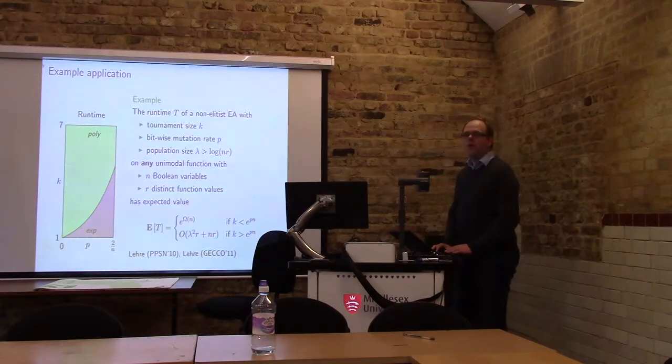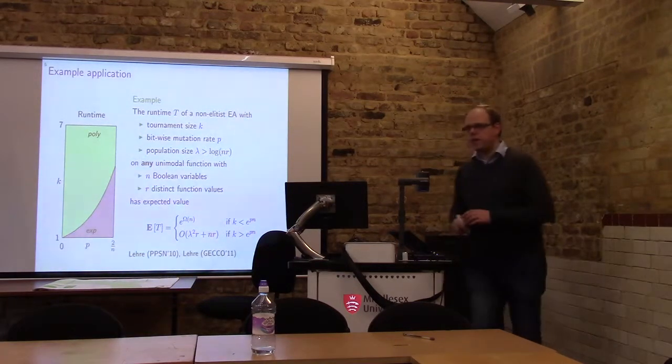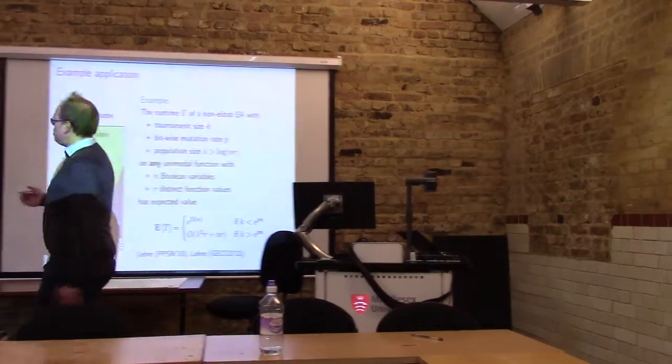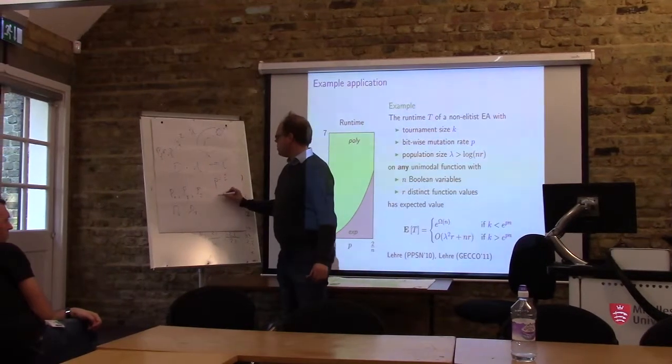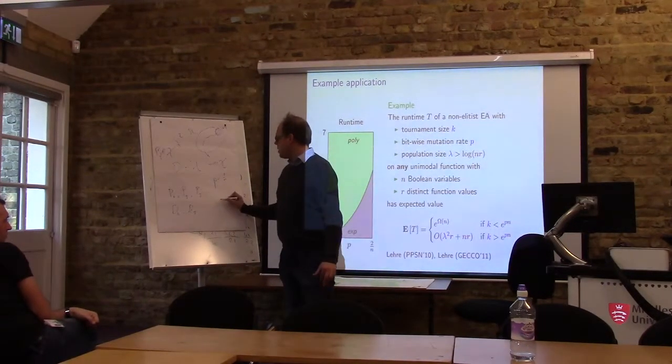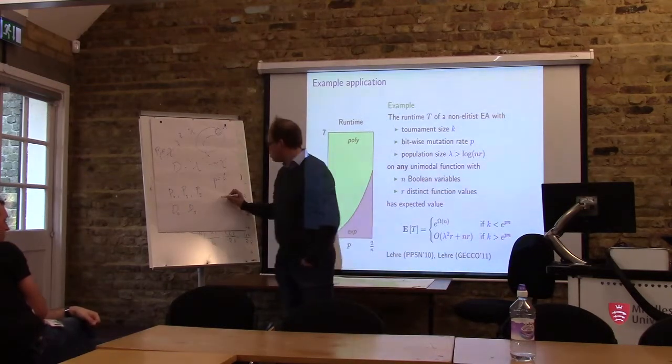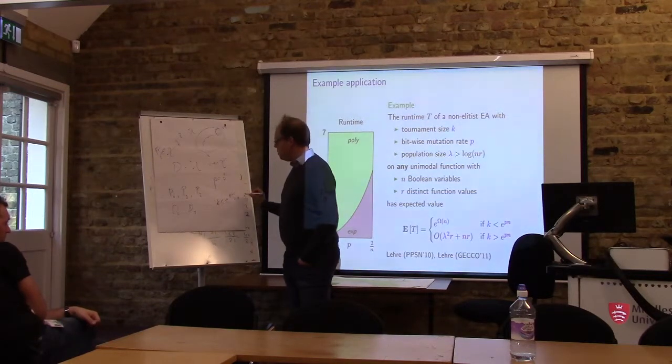Sorry, I just want to unpack that. That seems like a relatively useful thing. So, if your tournament size is 2, and you've got 100 bits, then you're doomed. Yes. The typical mutation rate is 1 over n, and suppose you have tournament size 2, then your reproductive rate, this k, is 2, which is less than e to the power of pn, which is e.